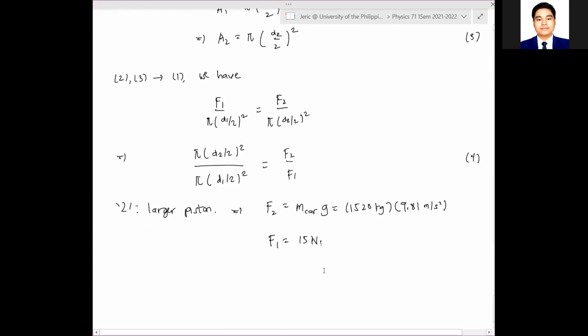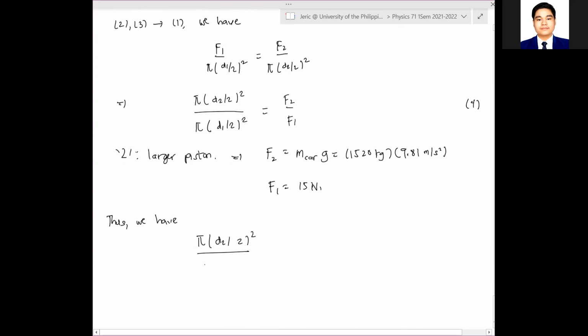Hence, substituting these two quantities in equation 4, we have pi quantity D2 over 2 quantity squared all over pi quantity D1 over 2 quantity squared, which is equal to 1,520 kilograms multiplied by 9.81 meters per second squared all over 15 newtons. The pi will cancel, the over 2 squared will cancel, so wala na yan.